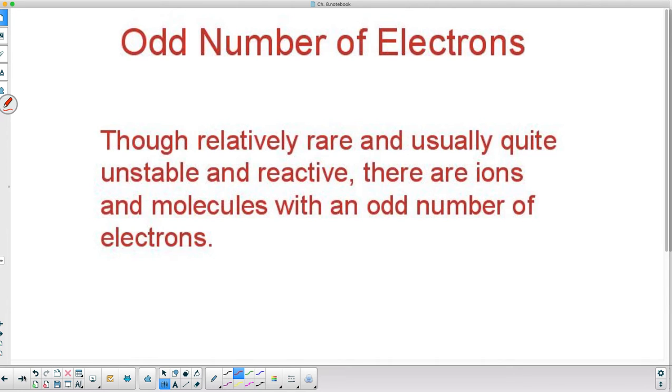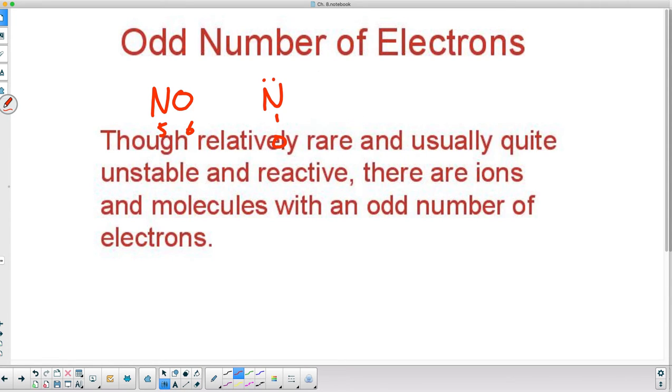The first one is an odd number of electrons. There are some nitrogen and oxygen compounds. I think NO is one of them, because nitrogen has 5 and oxygen has 6. So somewhere there's got to be a single electron. Nope, that's not it.